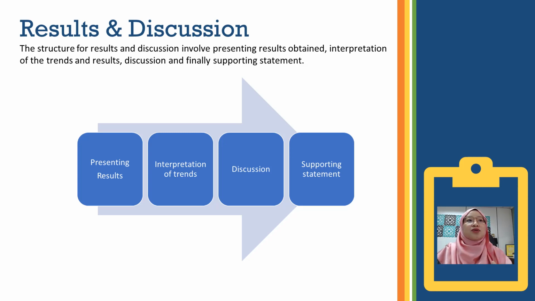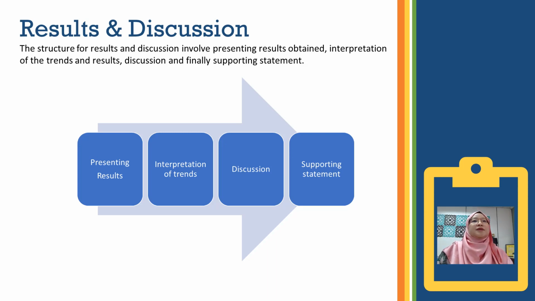And lastly, you need to have a supporting statement. So you need to always support with a fundamental, or if you can find other people observing a similar trend, you can put it in and cite their journals or information, just to support your result, saying that there are some other researches that also found this behavior, these trends.